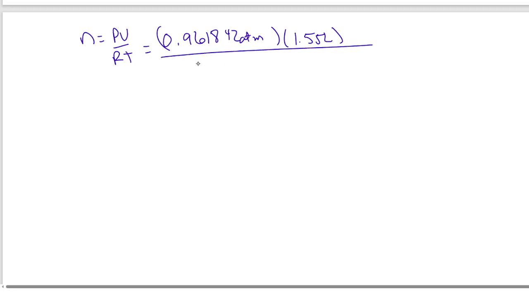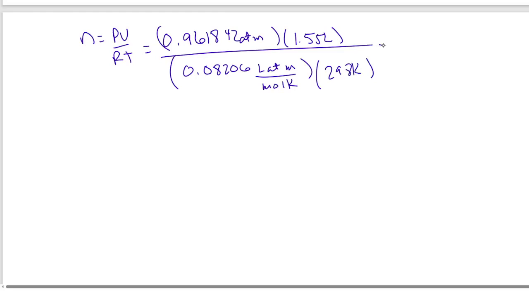All right, now we can use the ideal gas law equation. N is equal to PV over RT, which is equal to 0.961842 atmospheres times 1.55 liters divided by 0.08206 liters atmospheres per mole Kelvin, that's our gas law constant, times 298 Kelvin.